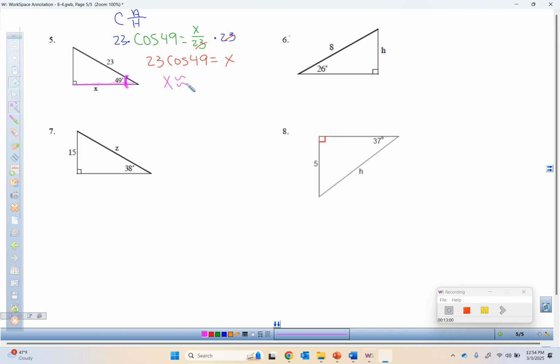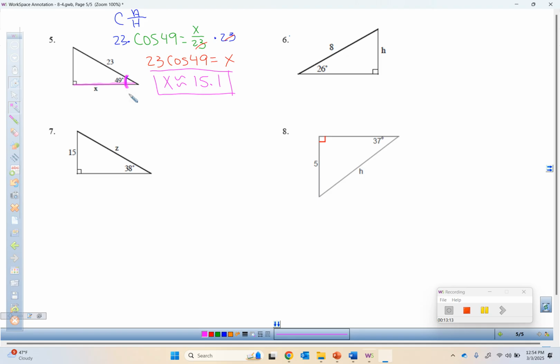X is approximately, does anybody have it? 23 cosine 49 is 15.1. This is not a degree because it's a missing side, and it's not an inverse cosine because that's when we're finding a missing angle.